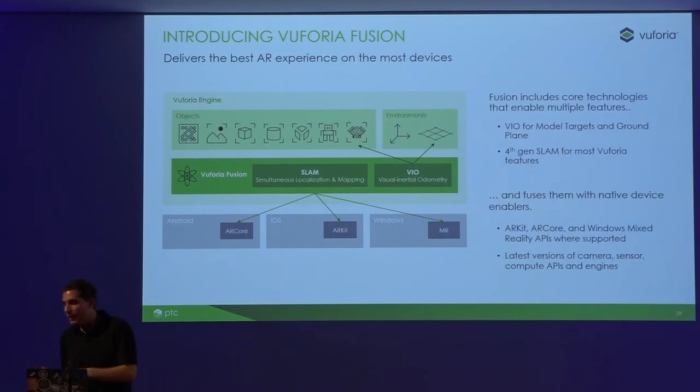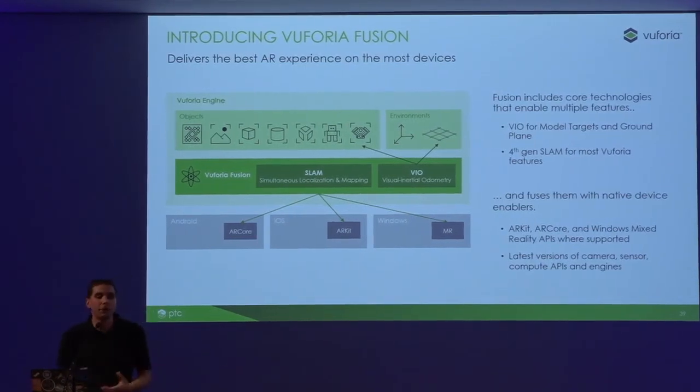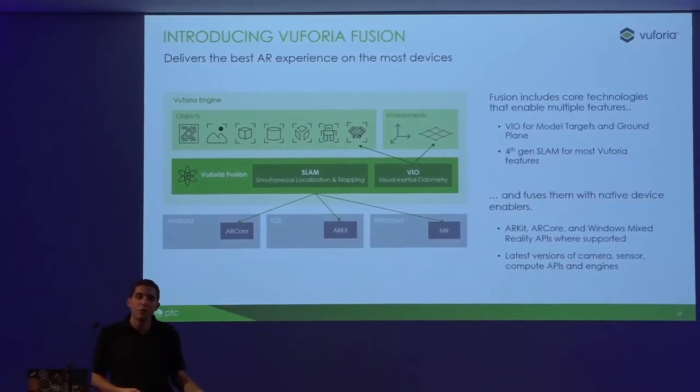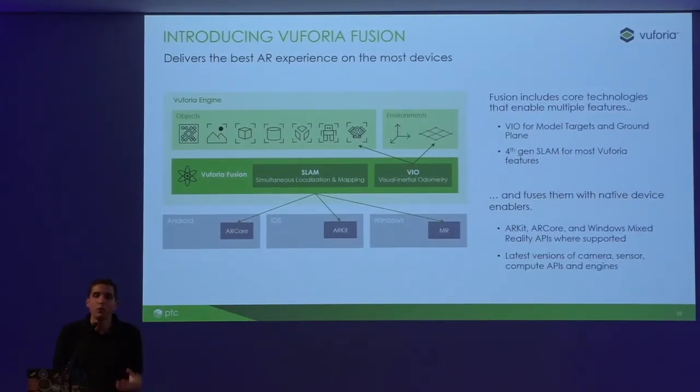So what this means in practicality is that you create an app with Vuforia, you deploy it, and if somebody's running on, let's say, the brand new iPhone X, we'll use ARKit. That's going to give the best experience for the end user. If they're using an older iPhone 6, we'll use our own ground plane, and it will have a very similar experience. Similarly, if they're on a brand new Pixel 2, we're going to use ARCore because it's there. And if they're using a Samsung Galaxy S7, then we'll use our own ground plane.